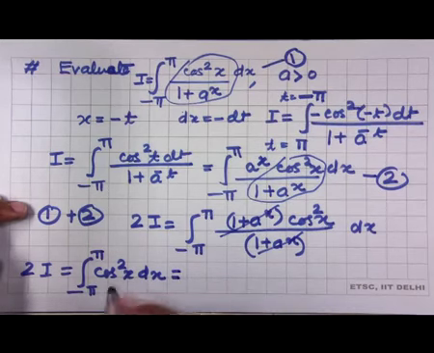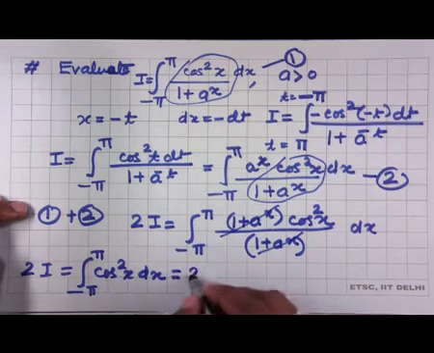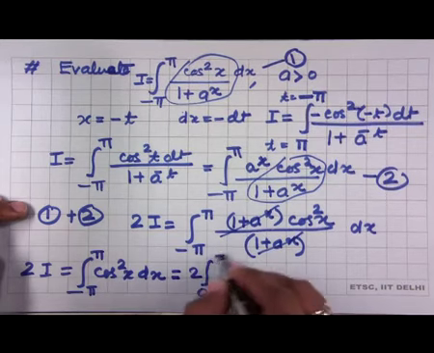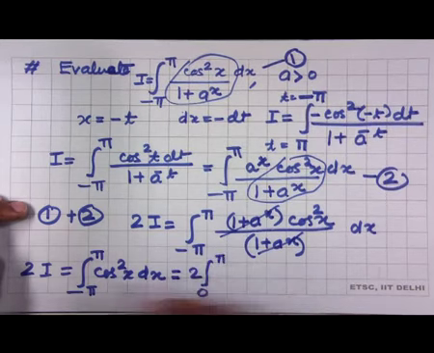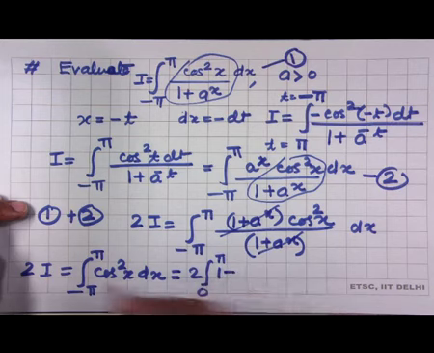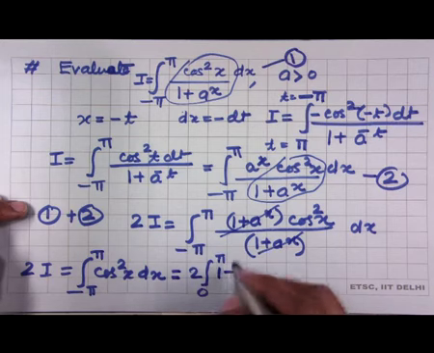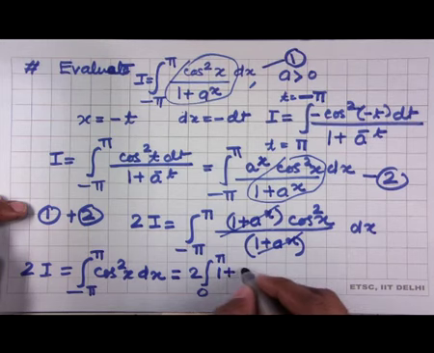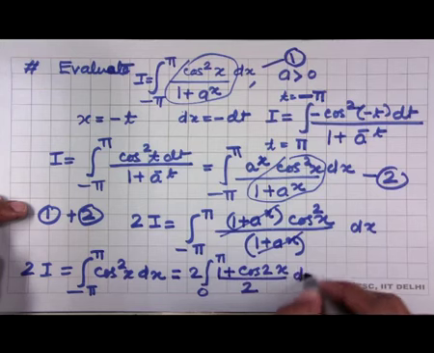Now because cos x is an even function, you can write it as twice the integral from 0 to pi, and cos square x you can expand by using trigonometric properties, as (1 plus cos 2x) by 2, dx.